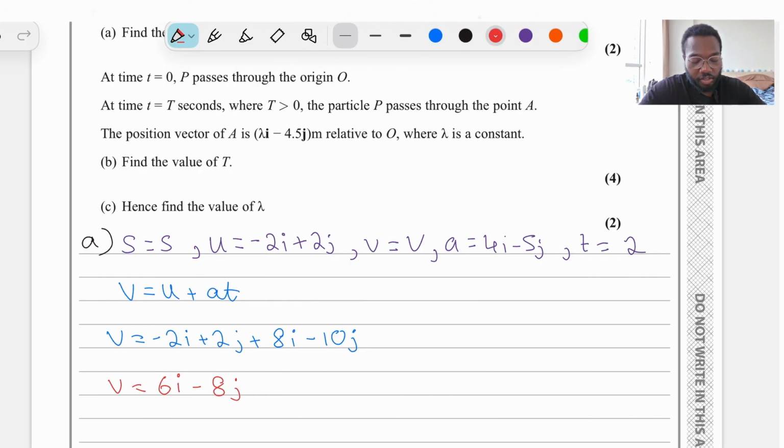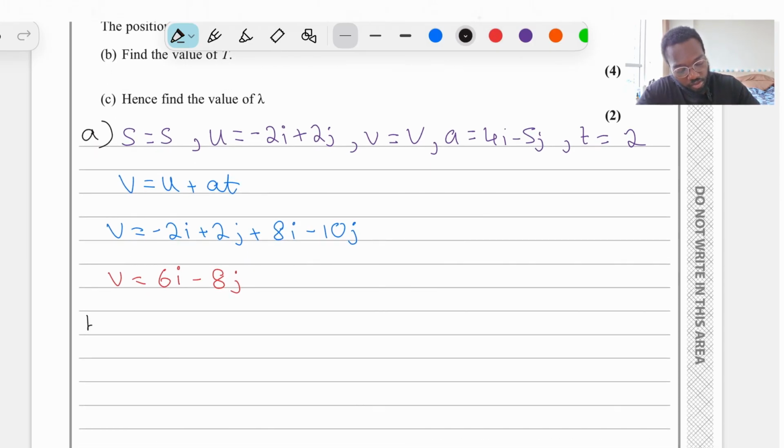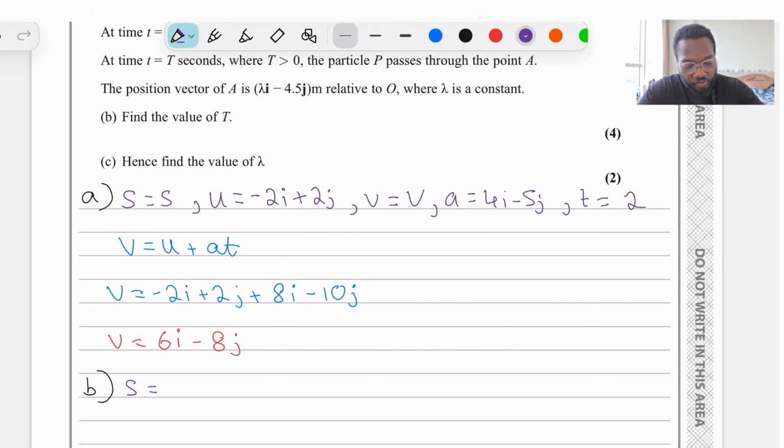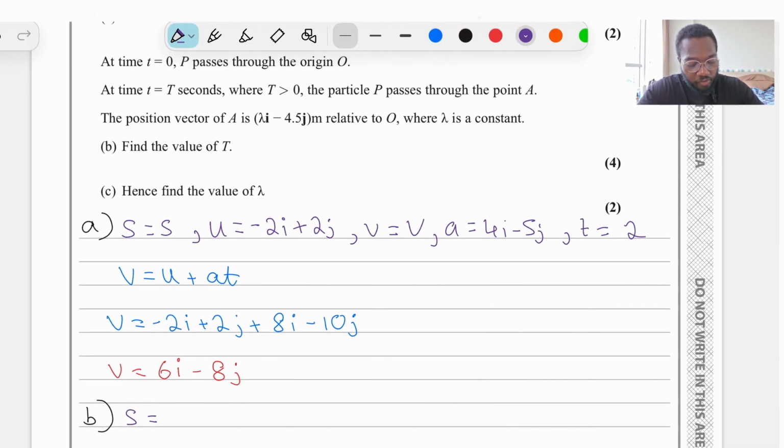Where do we start? Let's start by writing down our SUVAT equation first, similar to the last question. So for this one, we have our s. Now, we want to work out the value of t. At that value of t, we know that the position vector of A is lambda i minus 4.5j, so s would be lambda i minus 4.5j.